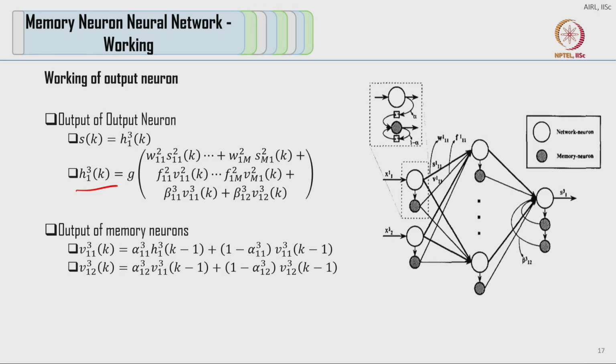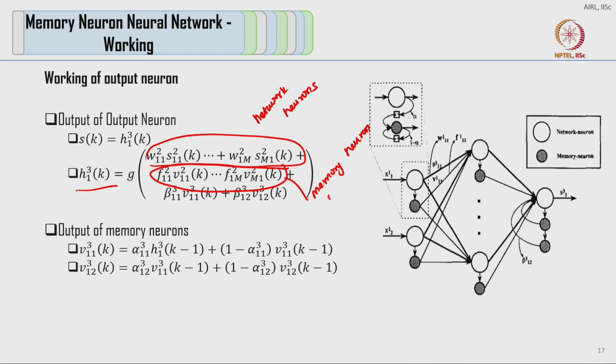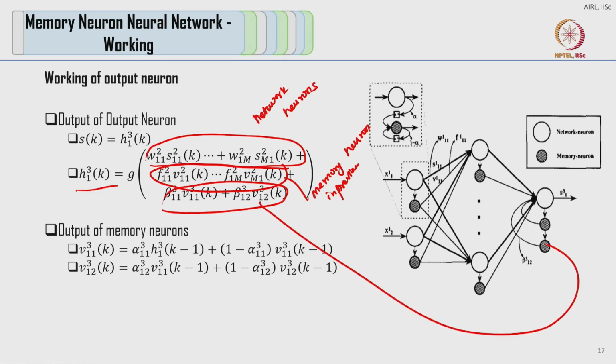Remember, unlike the other network neurons, this particular input is coming from network neurons in the previous layer, this input is coming from memory neurons in the previous layer, and the last two inputs are coming from the memory neurons in the same layer.